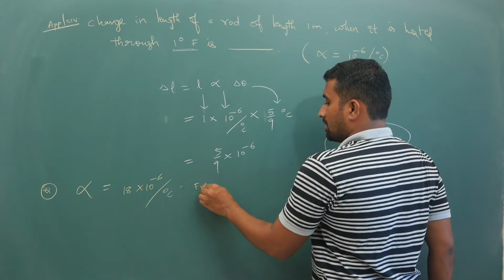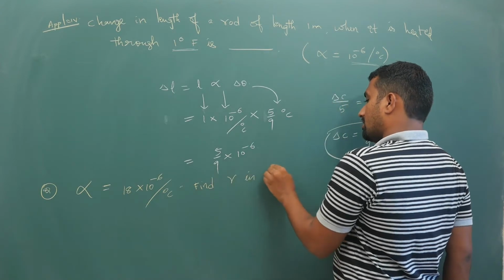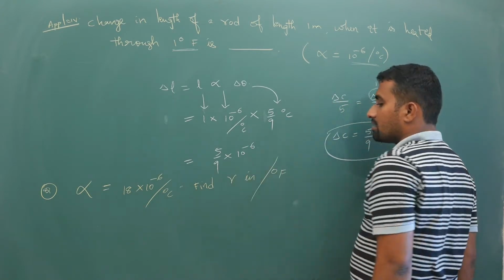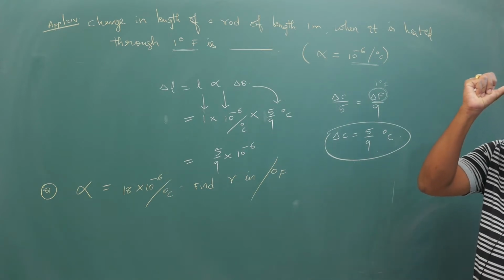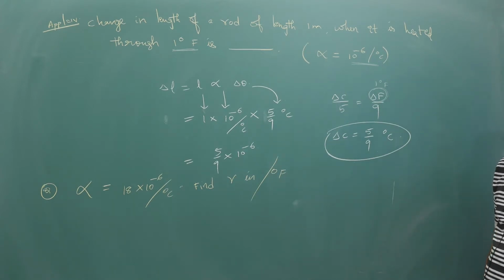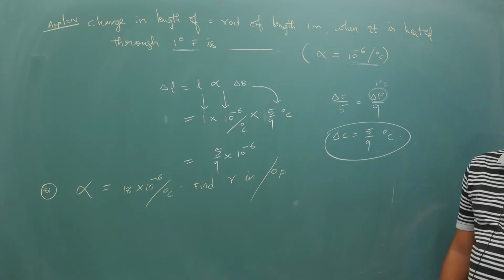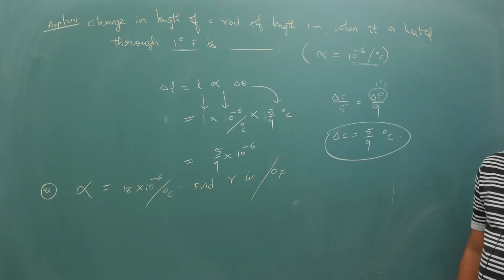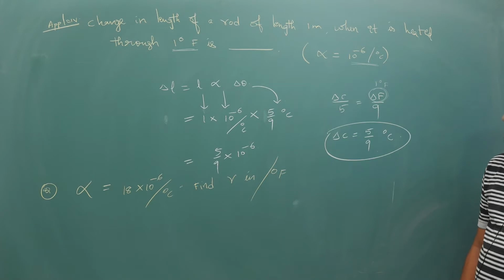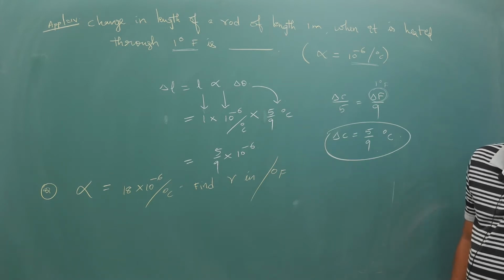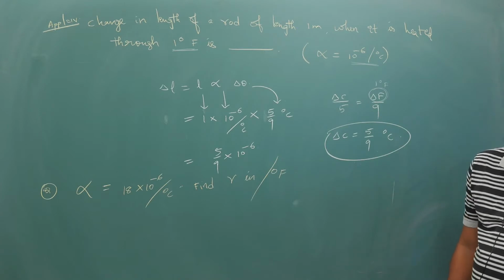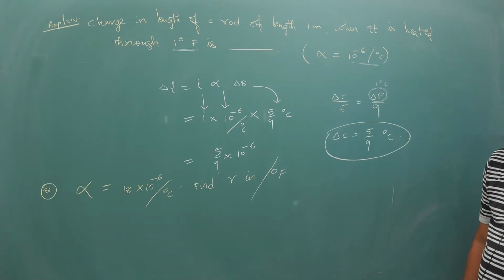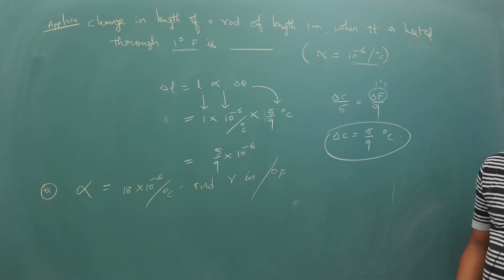Find gamma in per degrees Fahrenheit. This conversion is obviously supposed to be known. Do it. Find gamma in per degrees Fahrenheit.